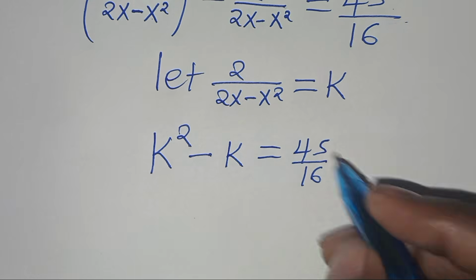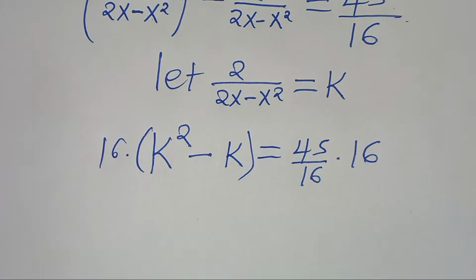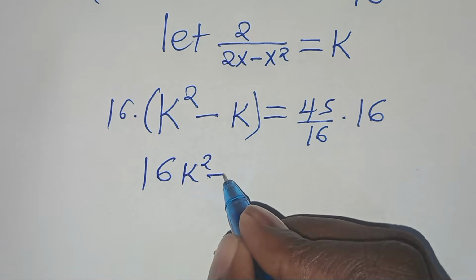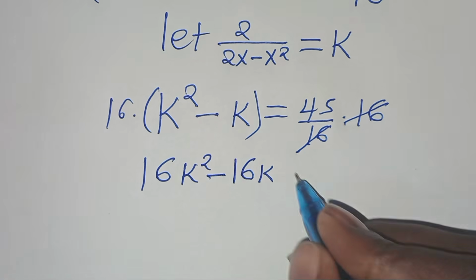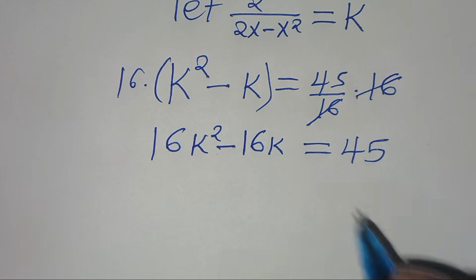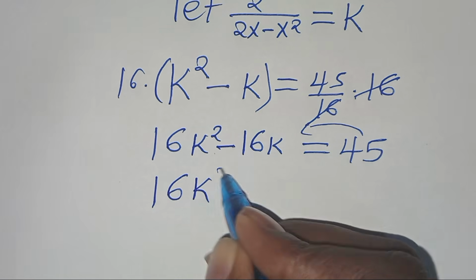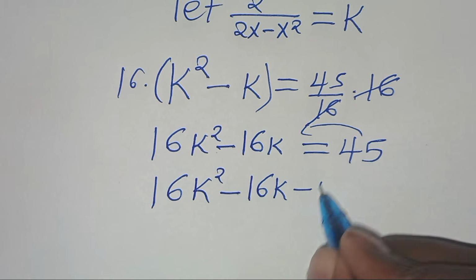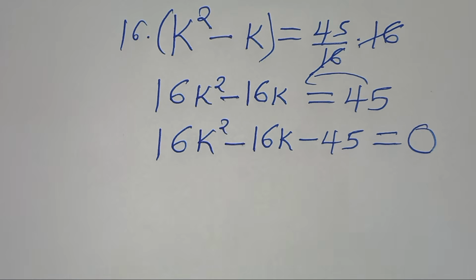The next step is to multiply on both sides by 16, so that now we have 16k squared minus 16k. Now 16 and 16 simplify, so this is equal to 45. Let's take 45 to the left hand side, so that we have 16k squared minus 16k minus 45 equal to 0.